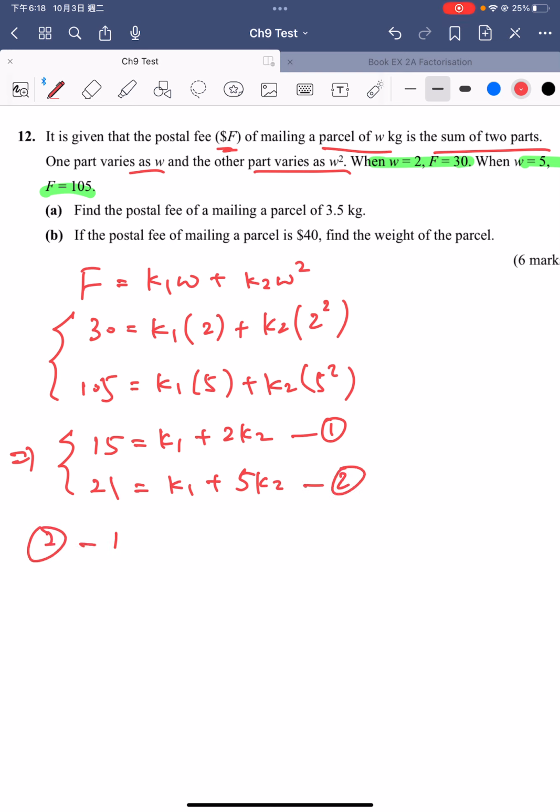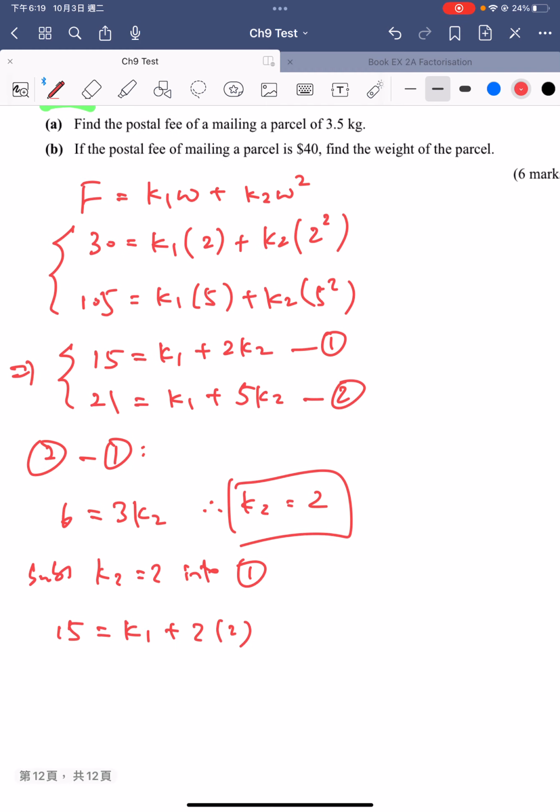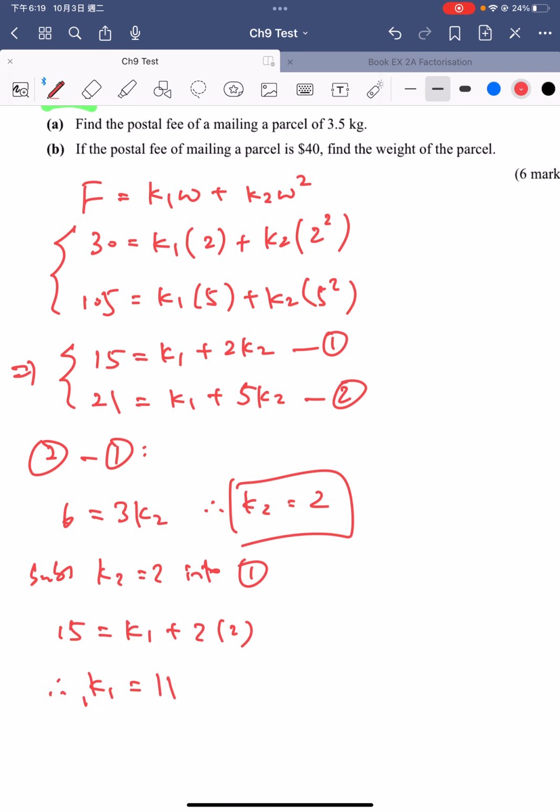Then we use the second one minus the first one. So we have 21 minus 15 gives you 6. K1 is being eliminated. 5K2 minus 2K2 gives you 3K2. So K2 is equal to 2. Then we substitute K2 equal to 2 into our first equation. We have 15 is equal to K1 plus 2 times 2, then K1 is actually equal to 15 minus 4, which gives you 11.